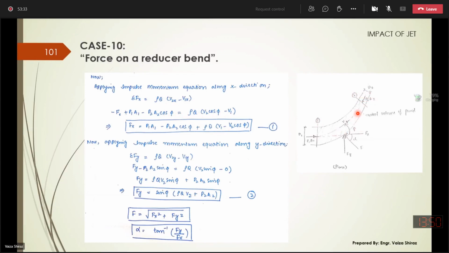Similarly for v का x component आएगा v cos of theta से, v2 cos of theta से, and it is acting upward, so it will be positive. Remaining v1 is horizontal. Yes, it is as it is V1.